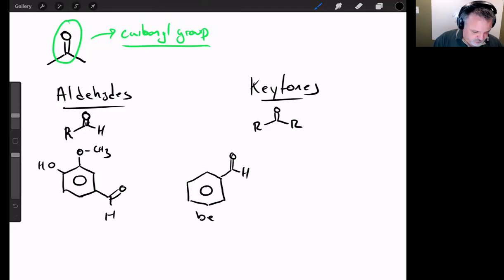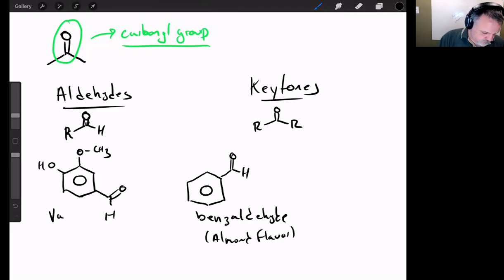You should know the name of this, benzaldehyde. This is almond flavor. Okay, so that's why I like them.